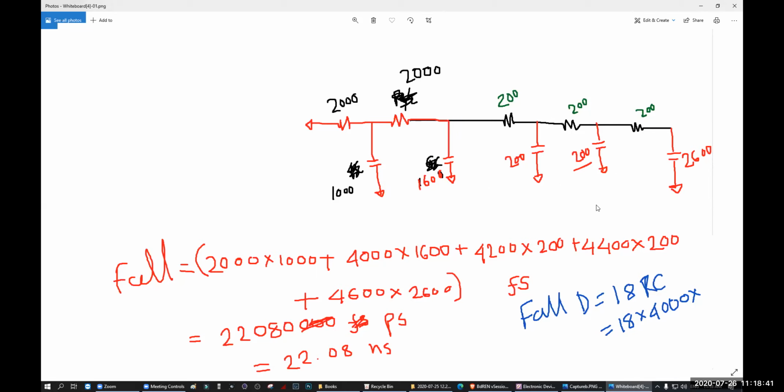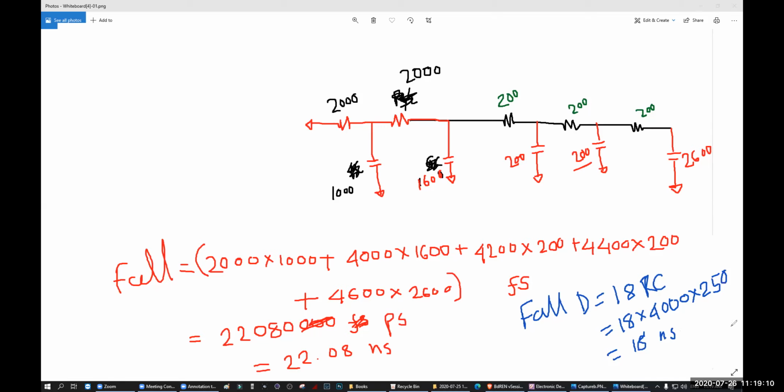So this is MOS resistance, MOS capacitance. MOS resistance is 4 kilo, 4,000. C is 250 femtofarad. So 18 into 4,000 into 250 divided by 1,000, 1,000, 18. Your result is 18 nanosecond.